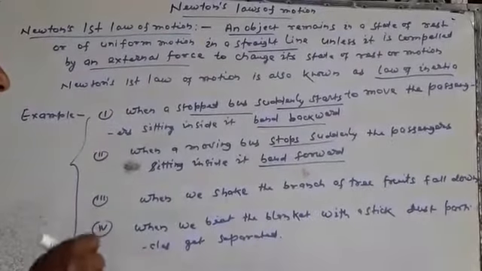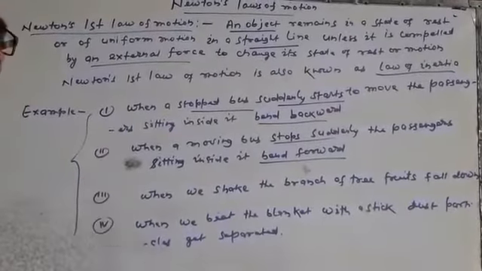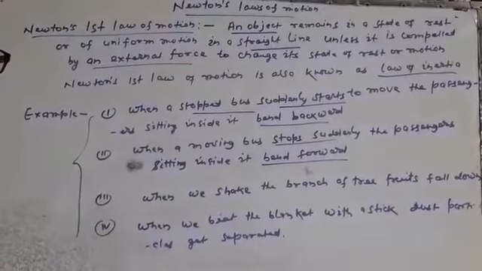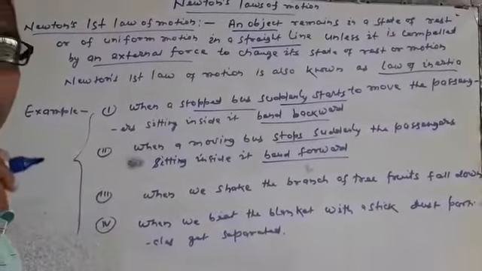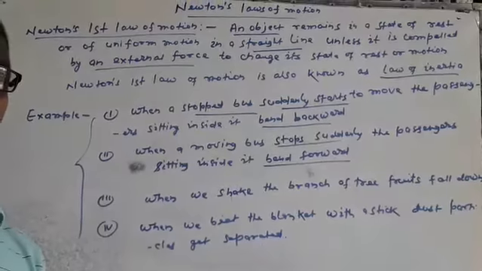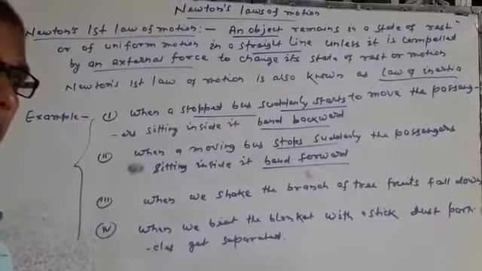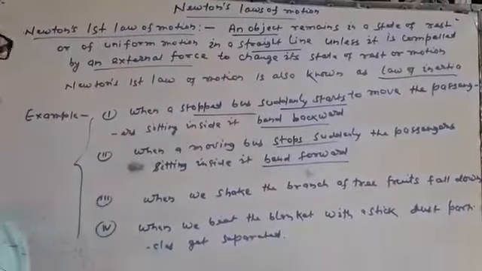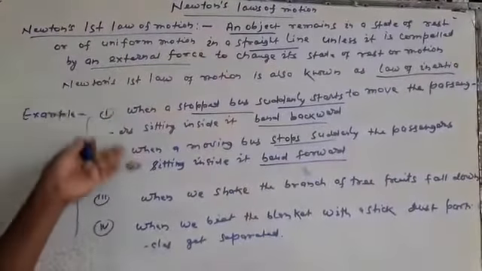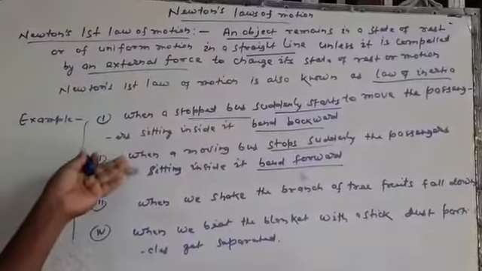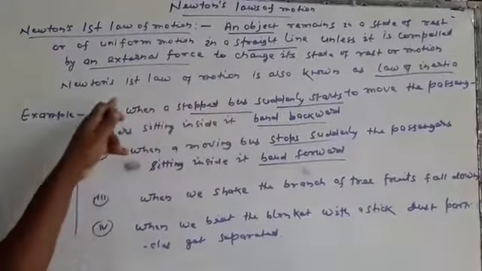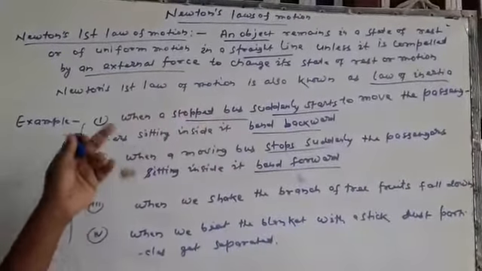When the driver stops suddenly, the bus comes in the inertia of rest, but the passenger wants to remain in the inertia of motion. That's why they bend forward. Both are opposite to one another. So this is an example of Newton's first law of motion, with explanation also.